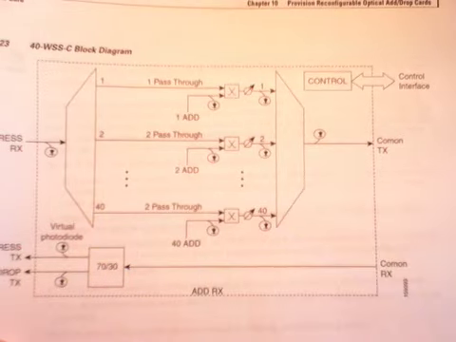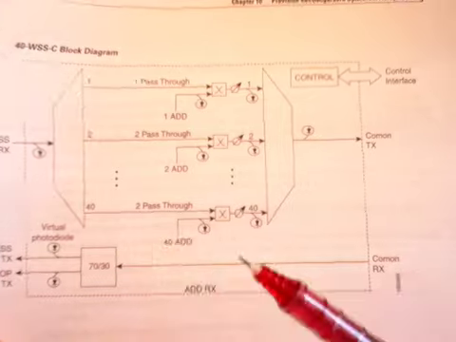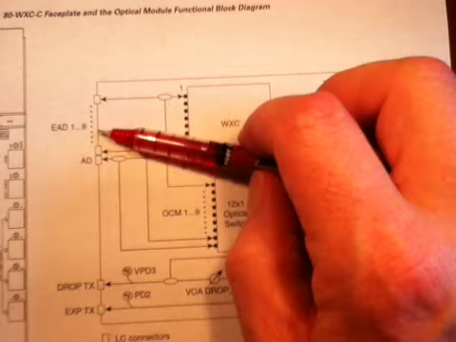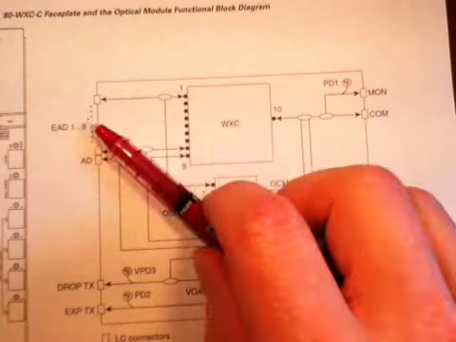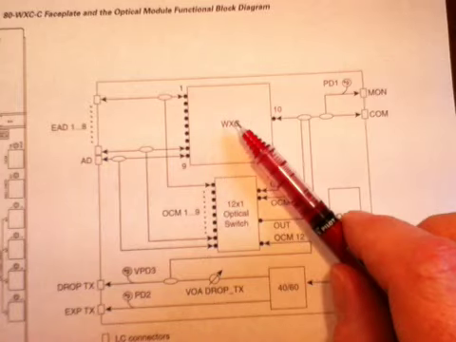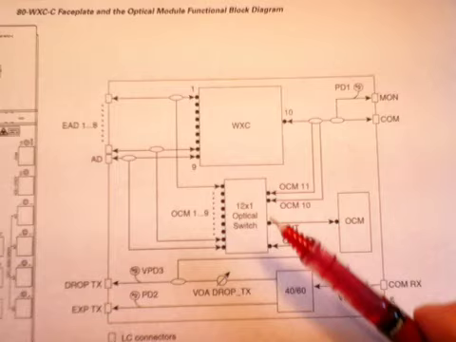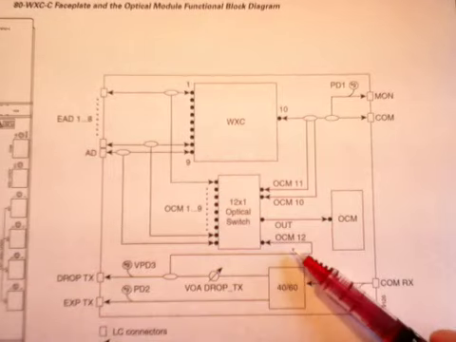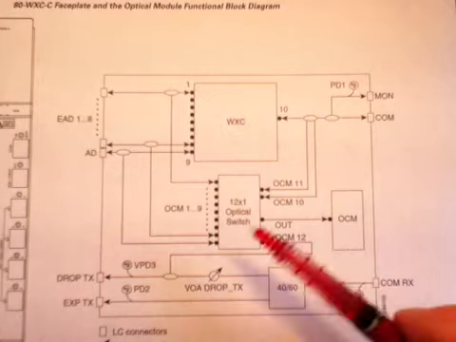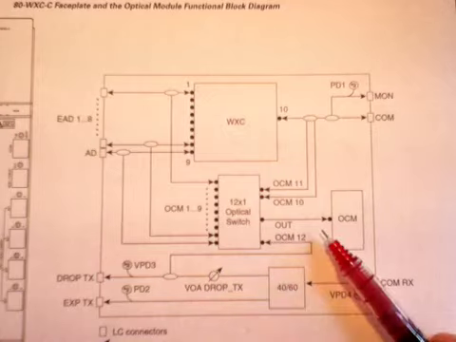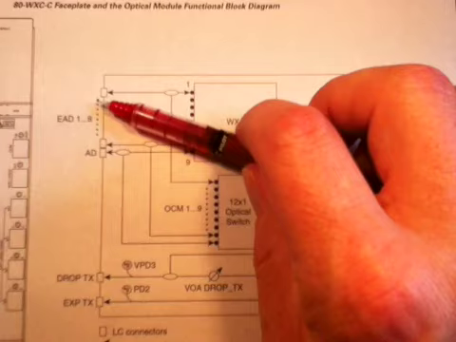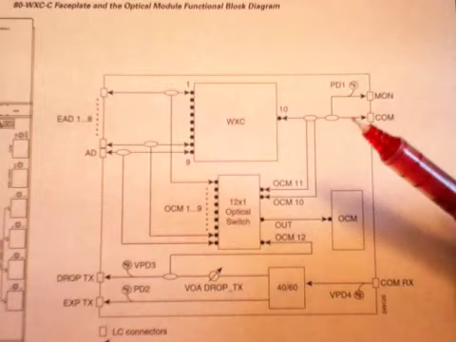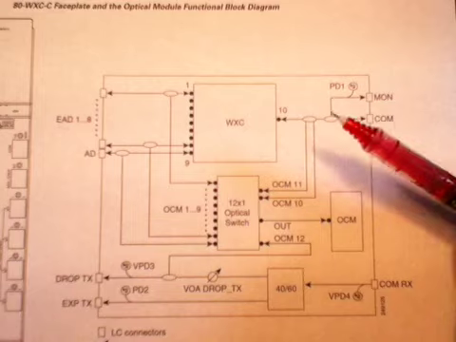So there were wavelength specific add channels. These add channels are not wavelength specific, and they can be mapped to any one of the wavelengths. I'm not going to go through all of this detail here, but that's the idea of this one. So it's much more expensive, but you get all that functionality. And these add ports are then called colorless add ports when they are not tied to a particular wavelength.